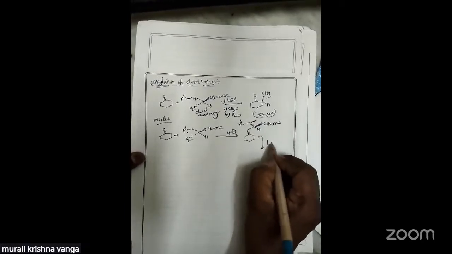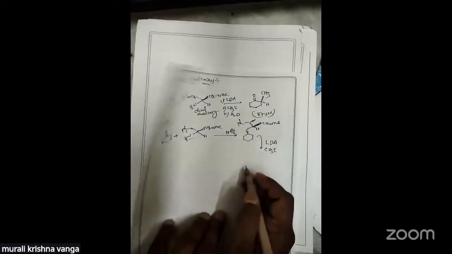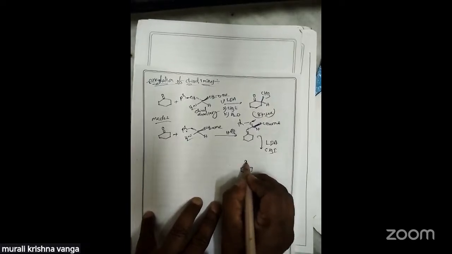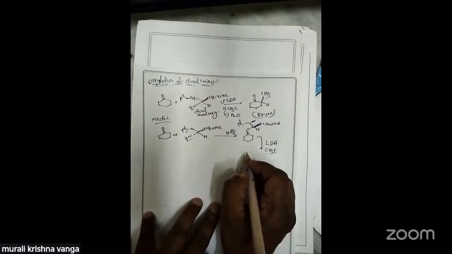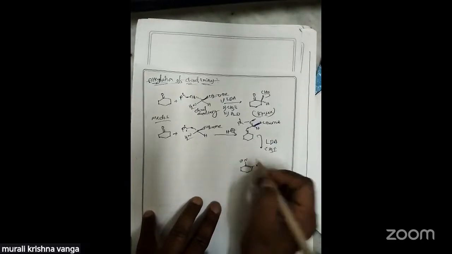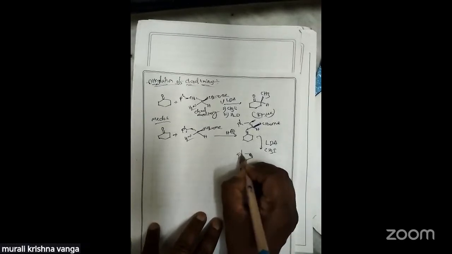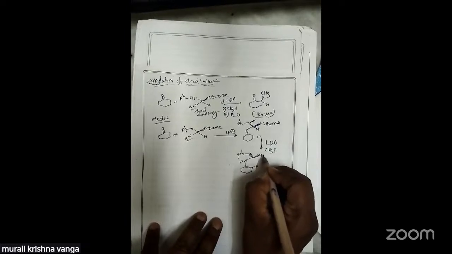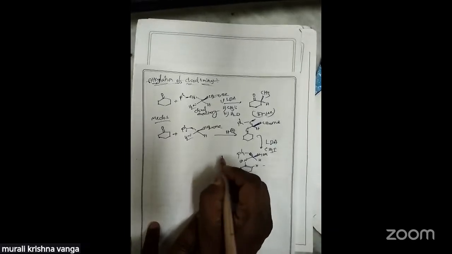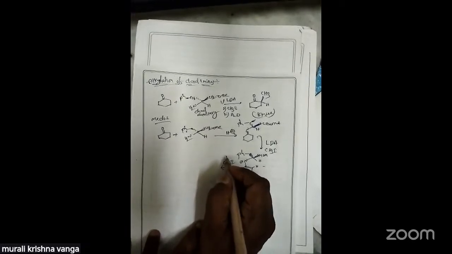When this compound reacts with lithium diisopropylamide, then followed by methyl iodide, alkylation takes place on the top side of the double bond.